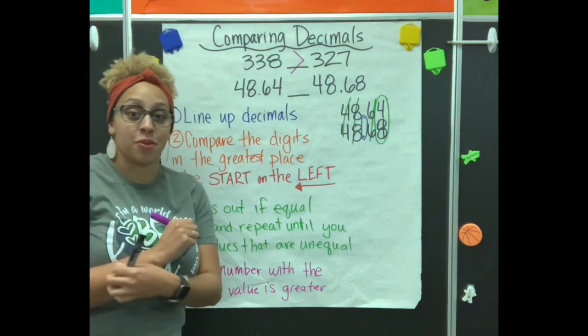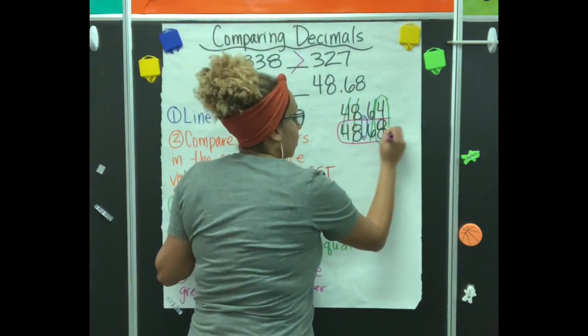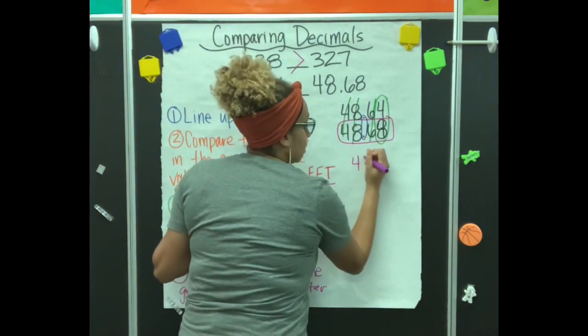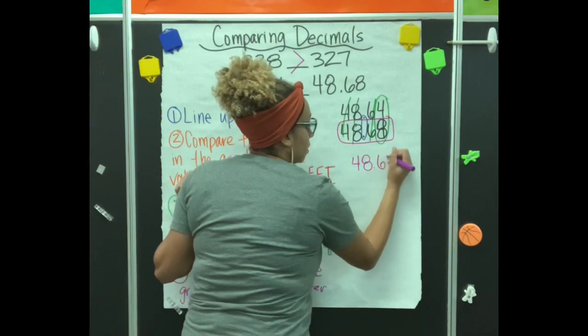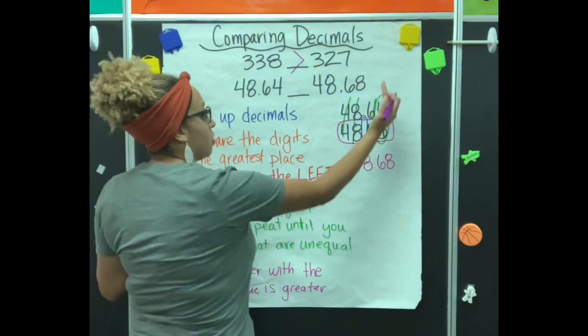Well, which value is greater, 4 or 8? 8. So this number right here is greater. 48 and 68 hundredths is greater.